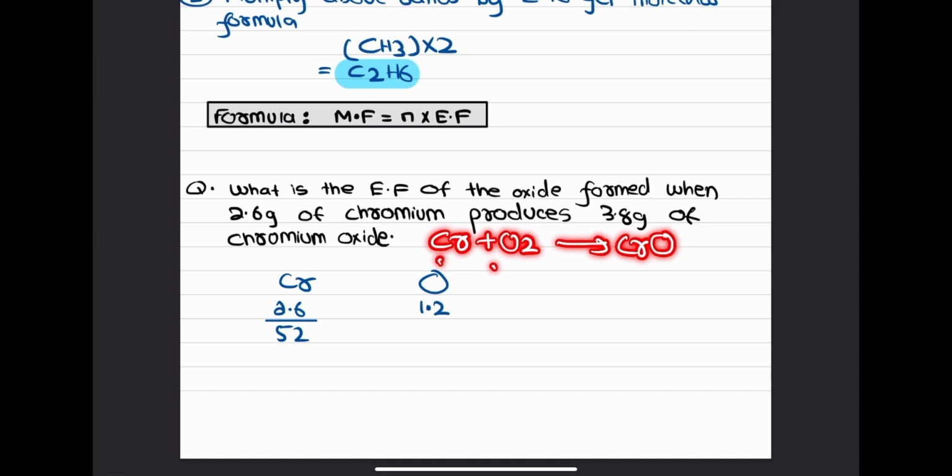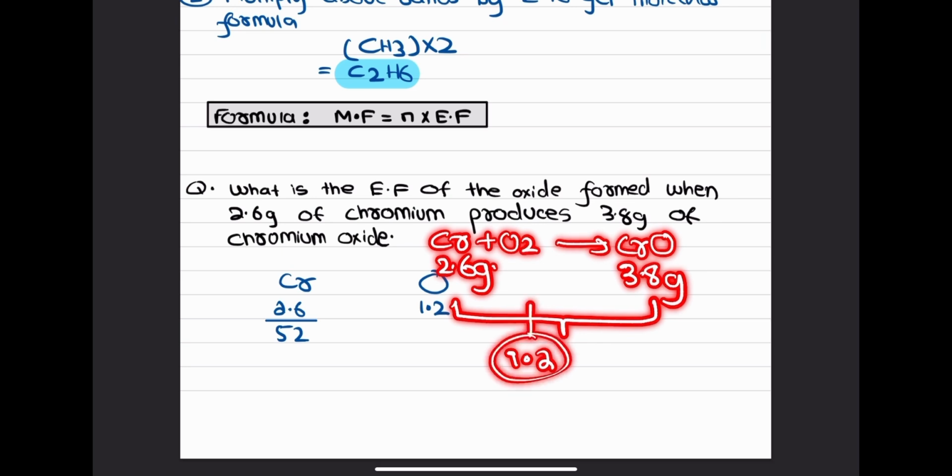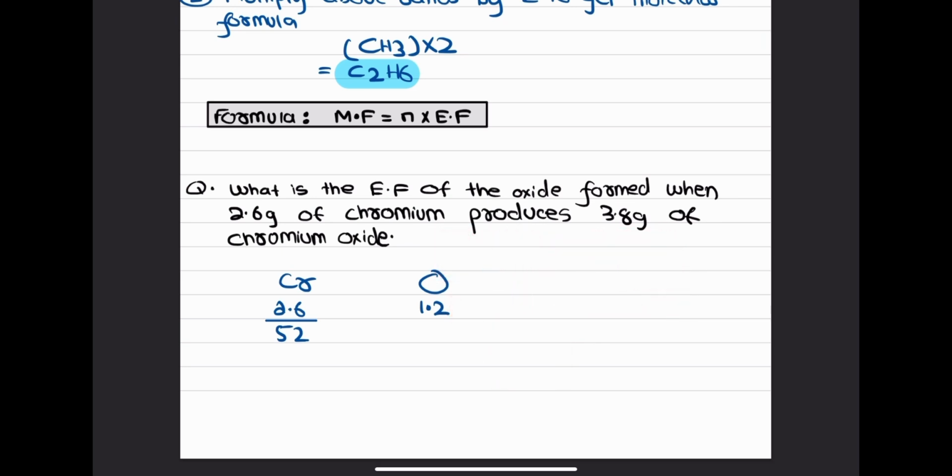So if it's 2.6 grams, this is 3.8 grams. So if we subtract this, we will get 1.2 to get the mass of oxygen. Got it? So it will be 3.8 minus 2.6. So we will get 1.2 and we will divide it by the atomic mass of oxygen, which is 16. We will get 0.05 and we will get 0.075.